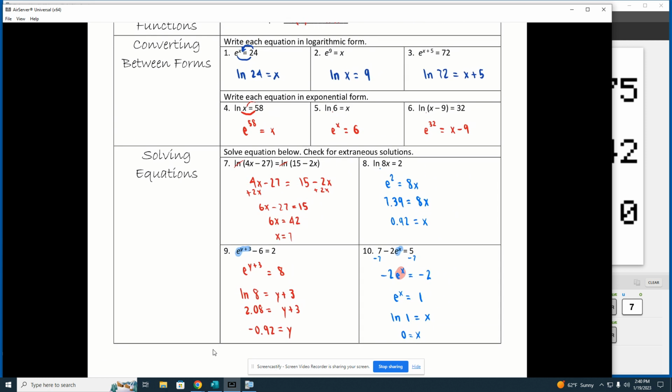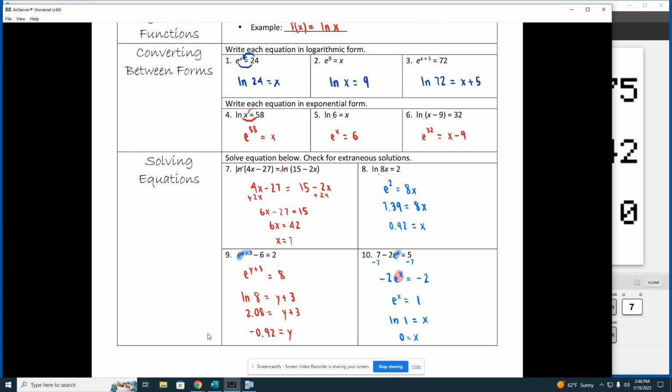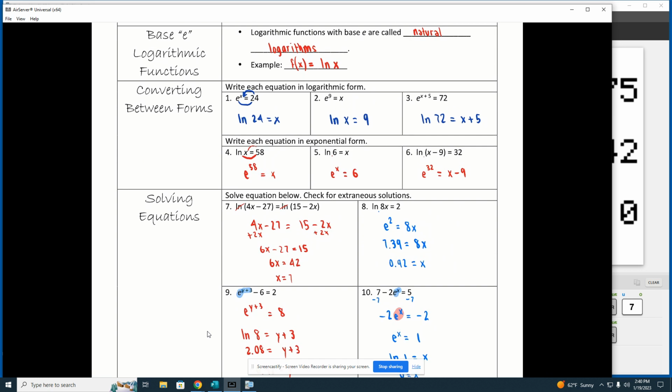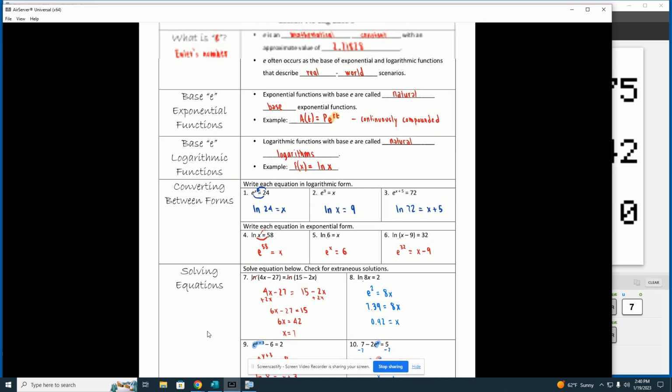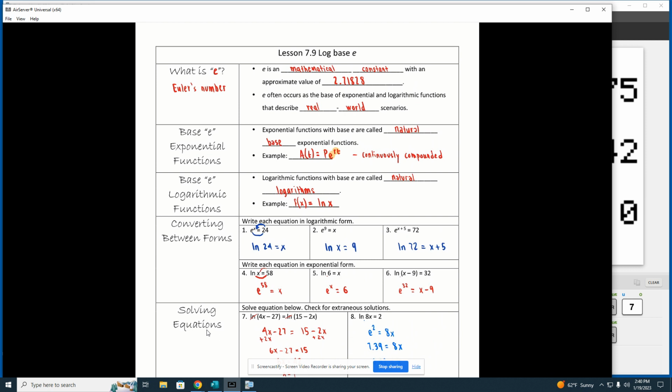Like I said, we're only using this because we're dealing specifically with this new thing that we call e, or Euler's number. It's a mathematical constant, 2.71828. It just happens so often in real world situations that they decided, like pi, to give it its own value.